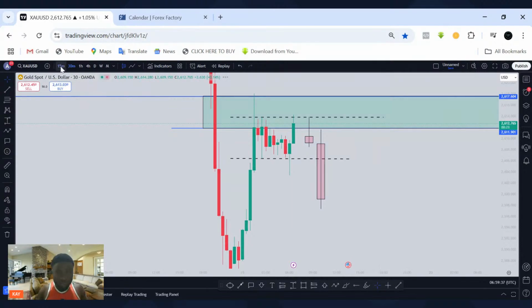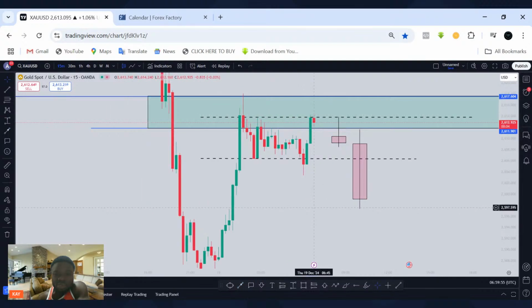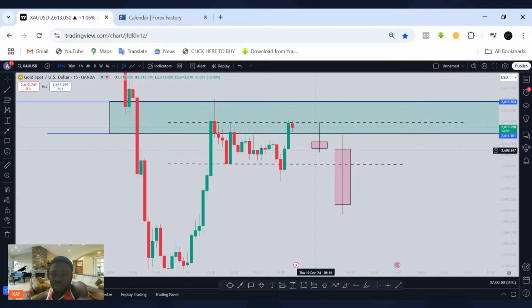So the 15-minute candle has created, yeah, multiple rejections at the 15 minutes. One rejection candle, another rejection candle. But when it comes to the lower time frame, like the 15-minute time frame, those levels are not strong. So it has closed.